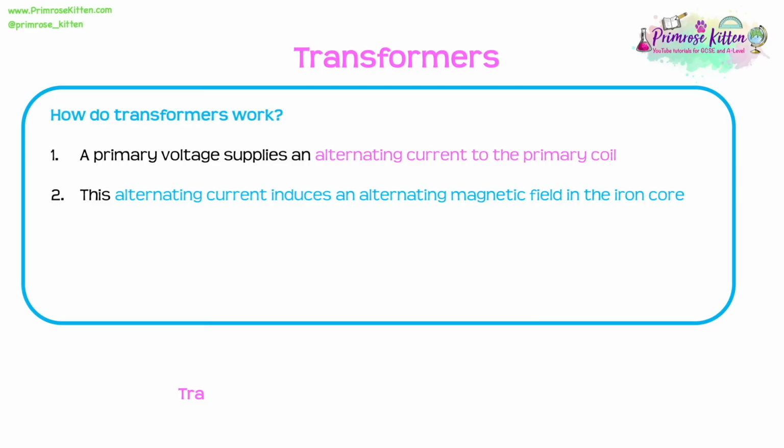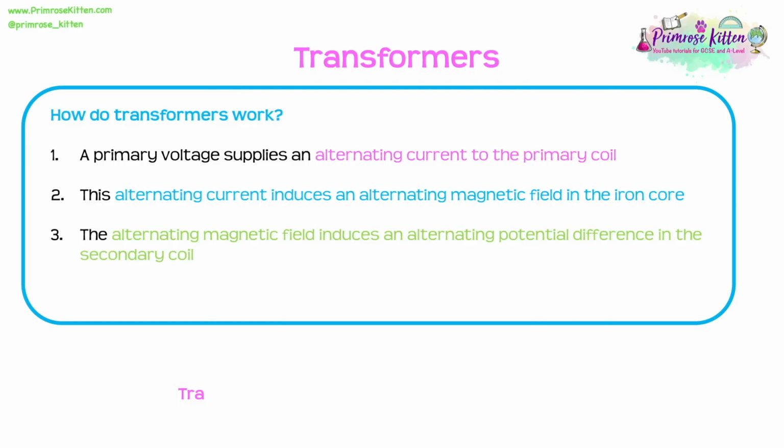Instead, that magnetic field that we just induced is what's able to move through it. And of course, as it's moving through that core, it moves from where the primary coil is to where the secondary coil is. And that alternating magnetic field induces an alternating potential difference in the secondary coil. Now that we've got this induced potential difference, that produces an alternating current. And so those are 4 key steps that we need to know to describe how transformers work.